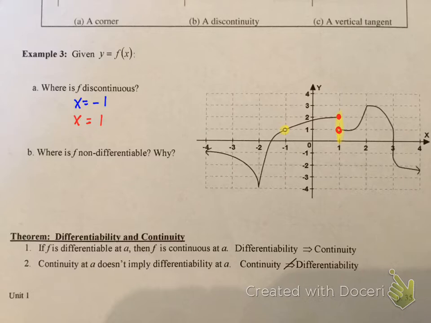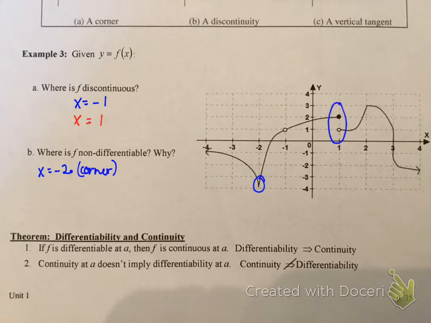So now where is it non-differentiable? So once again, we're looking for corners. We're looking for discontinuity or someplace it would make a vertical tangent line, okay? So if I look at this, I see a corner right away, which is right here. Where does that happen? Where x equals -2. That's a corner. Okay. I also got a problem where x equals 1.